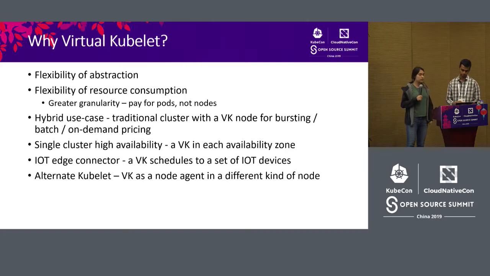So a couple of use cases. We have the one I talked about before for fast bursting. If you have a sudden amount of load, for example, if you're a meter reading company and you need to scale up the amount of compute resources depending on if there's a natural disaster.